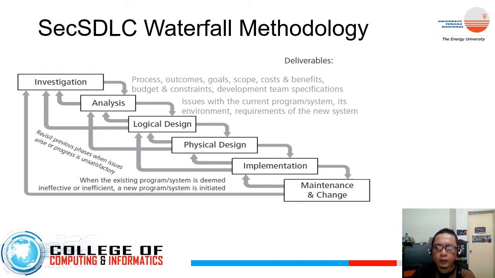And then you look at the next phase, the logical design. The logical design will always follow closely after the analysis. So the output is you need to come out with the general system specification or the blueprint.